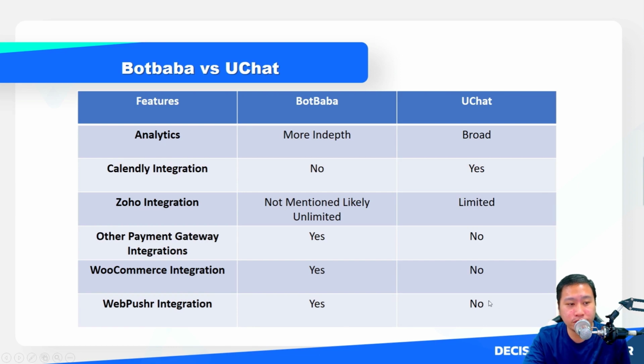You can't using UChat. But for all these integrations, you can of course use an automation or integration tool like Pabbly Connect, Zapier, or Integromat to connect these tools. Okay, so what we're gonna do right now is dive into, let me see where it is.